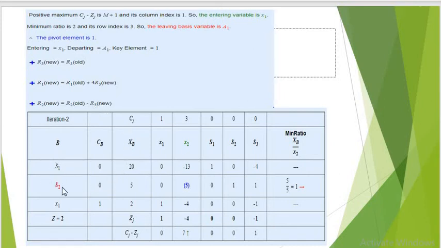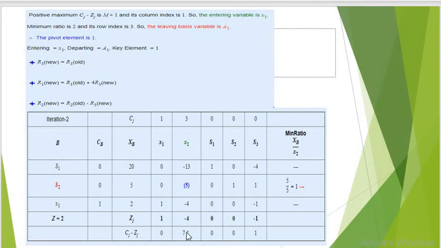Then the basic variables in the second iteration table are s1, s2 and x1, and the coefficients of these basic variables in the objective function are 0, 0, 1. The remaining values in the table are based on the elementary row operations. Then calculate Z value, Zj value and Cj minus Zj value as in the previous table.